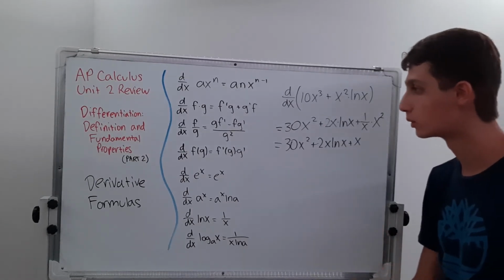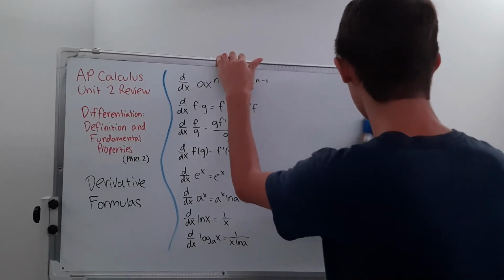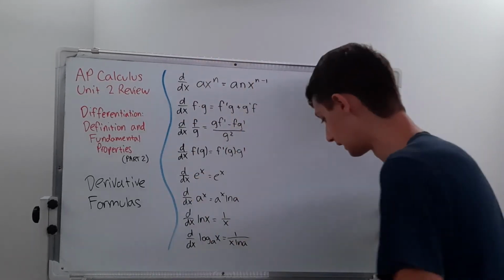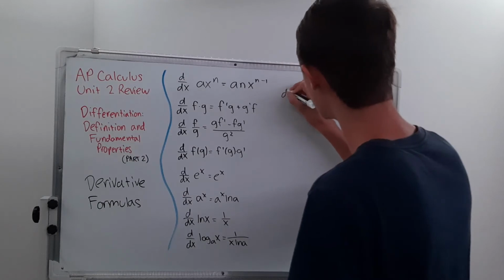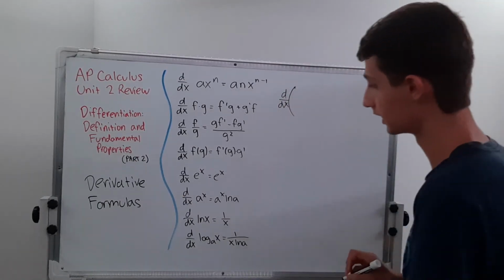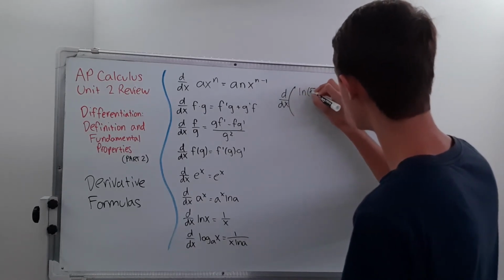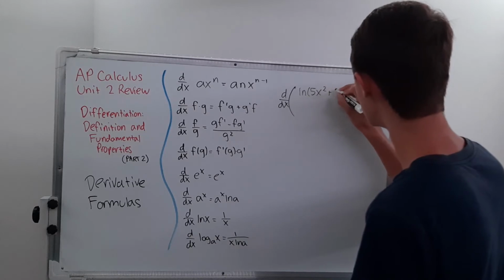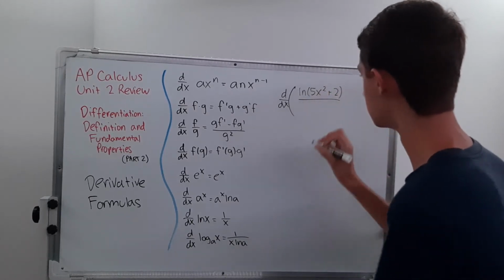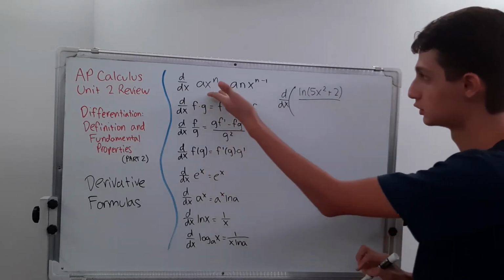Now what if we had a quotient? What if we were dividing in our derivative? So let's say our derivative was, we can utilize the chain rule here, ln of 5x squared plus 2 divided by, let's just choose one of these.